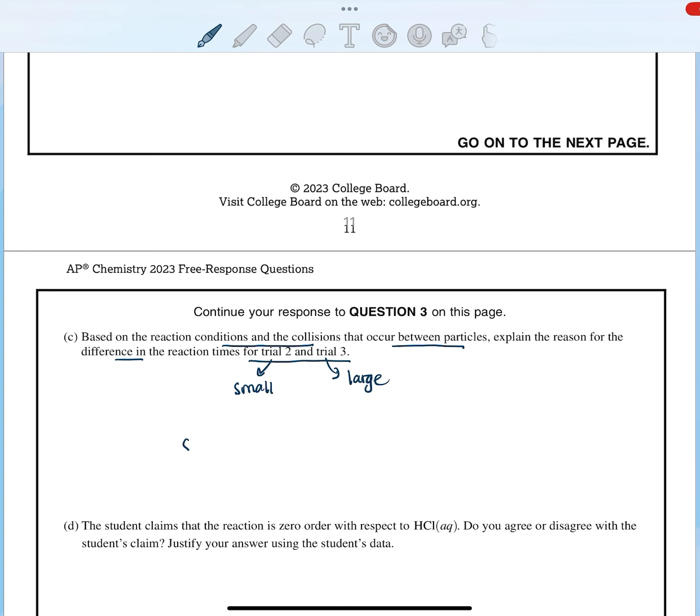So it makes sense that the small chunks react faster than large because the small chunks have a greater surface area, so they have more faces or more surfaces to collide with the HCl.